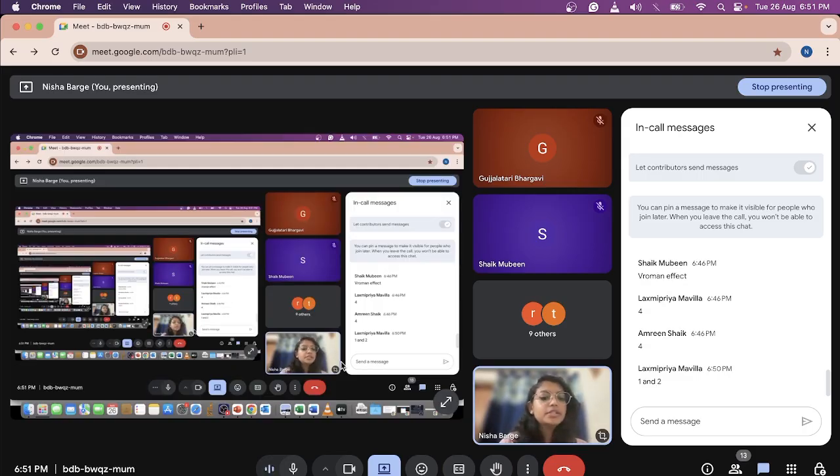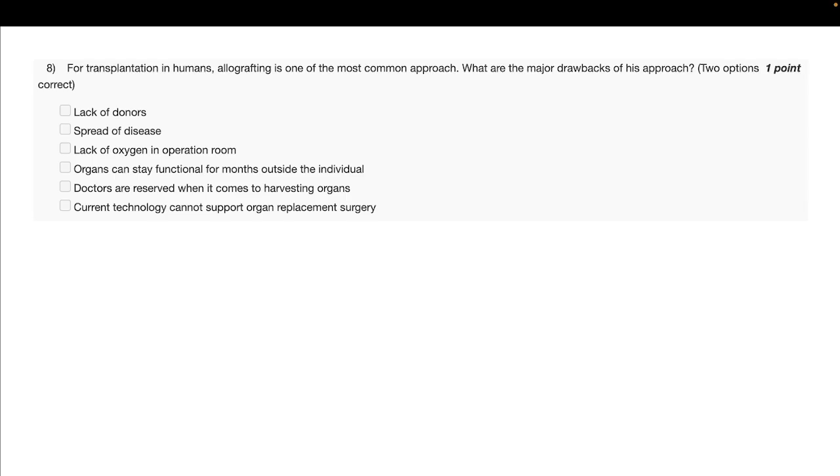Okay, people have already started answering. Somebody is saying option 1 and 2, lack of donors, spread of disease. Okay. Anybody else would like to give it a try?